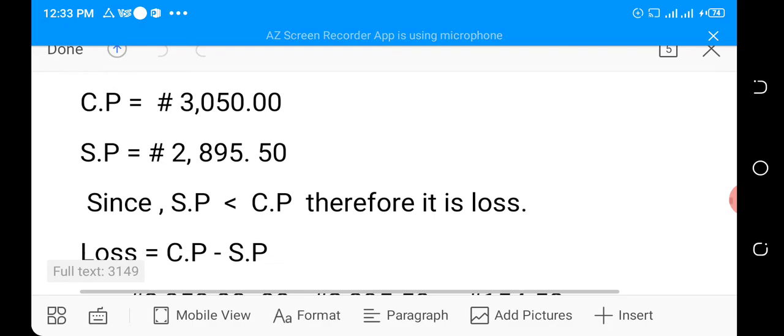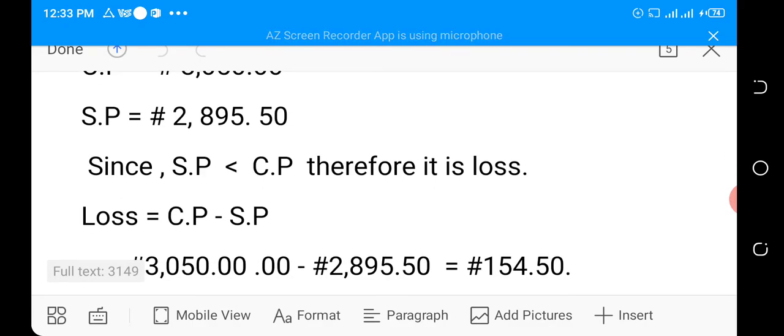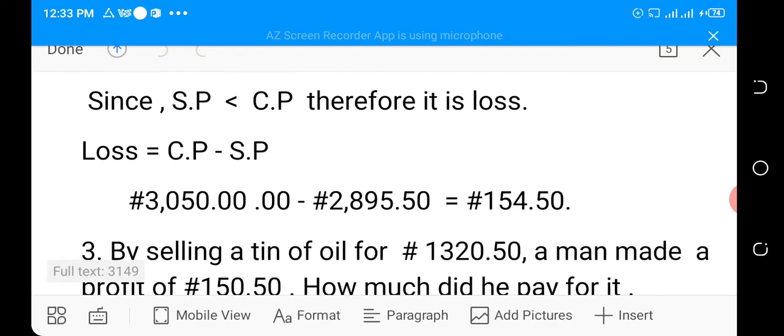So looking at the formula of loss, loss is equal to cost price minus selling price. Therefore, you have 3,050 naira minus 2,895 naira 50 kobo. So the loss is 154 naira 50 kobo.